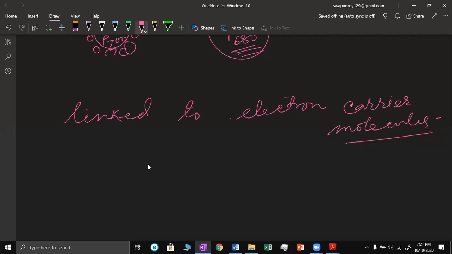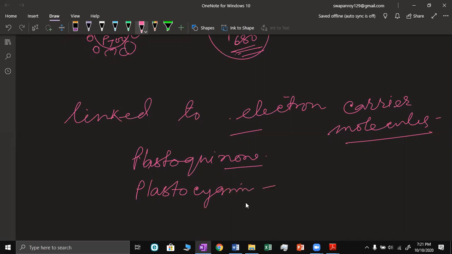These electron carrier molecules, some of them are called plastoquinone, plastocyanin is there, and the very important one is the cytochrome.